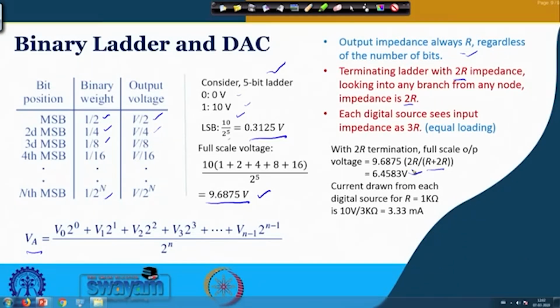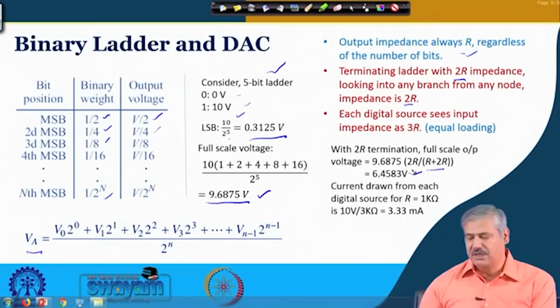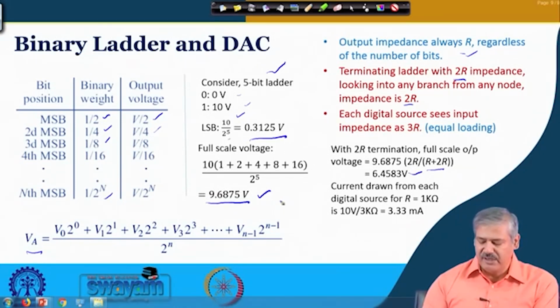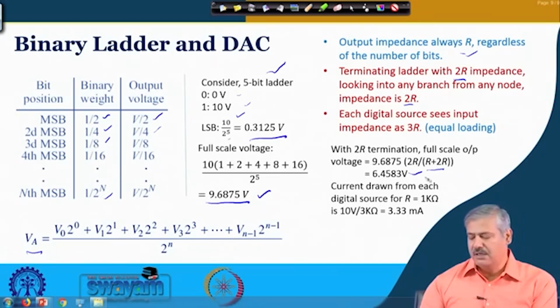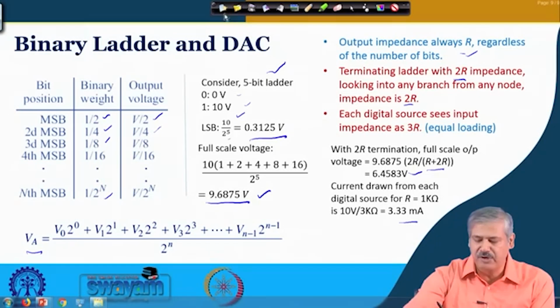Note this for the sake of your understanding: if instead of a very high resistance, some other value is used for termination, then this will be the corresponding voltage, is it fine? And the corresponding current will in that case be 3.33 milliampere for each one of them, but for another value it will be close to that value. It is not varying too much from one digital input source to another. This is a good point about this method.